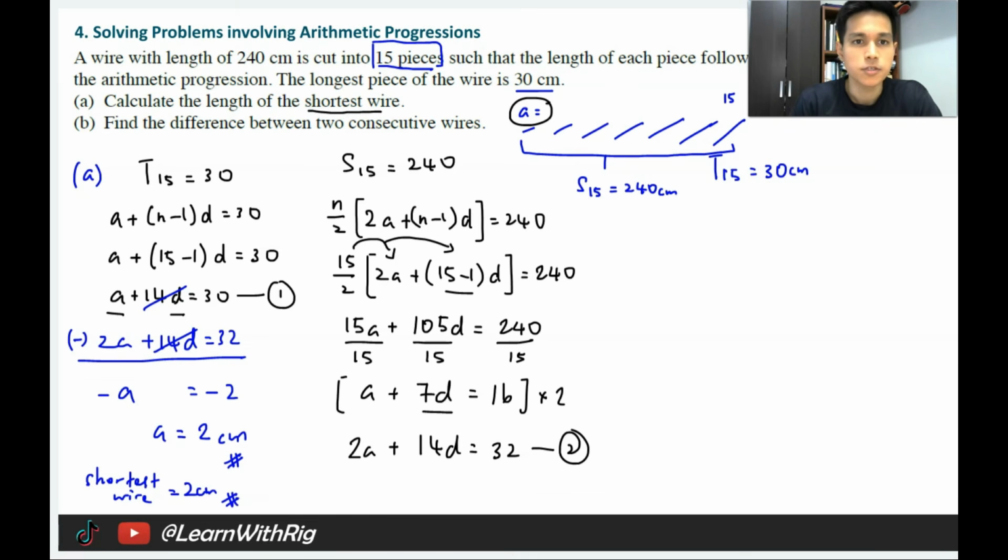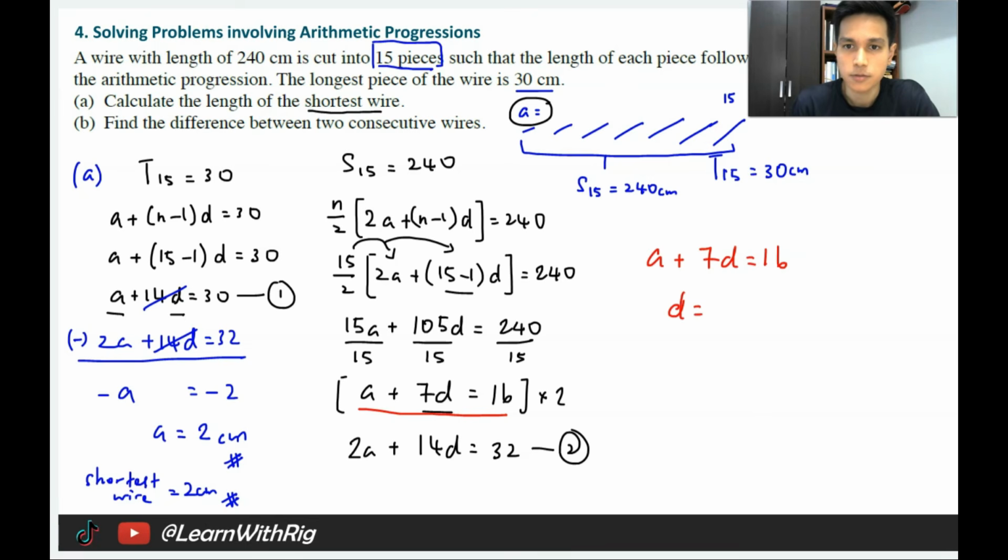Now question B, find the difference between two consecutive wires. So now they want you to find the d value. Just substitute into either equation 1 or equation 2. In this case, I'm going to take this original one, a plus 7d equals 16. You want to find the d value, right?